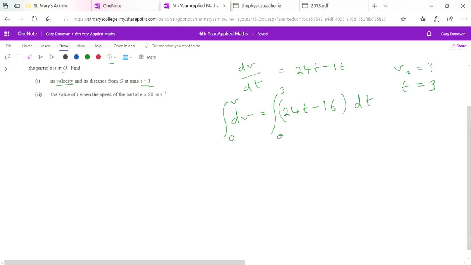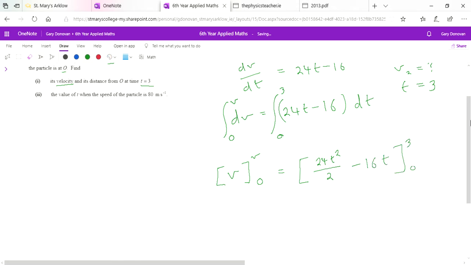That will give us the integral of dv is just v, limits v and 0, equals 24t squared over 2 minus 16t, limits 3 and 0.